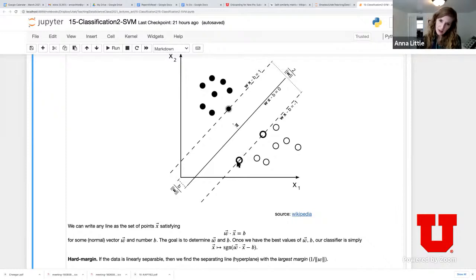And then on the other side, it looks like we've got 2 white points that are equally distant to the separating line. Those are the points that are really driving the classifier in this hard margin SVM, and they're called the support vectors. So these 3 points are called the support vectors because those 3 points actually determine exactly where that line goes, because this is a hard margin constraint.